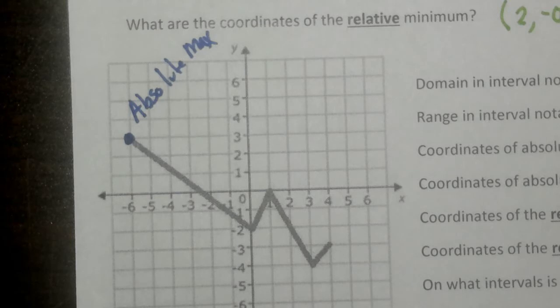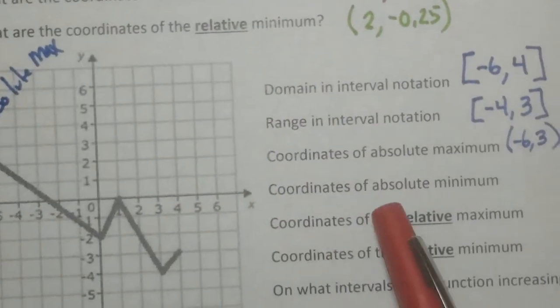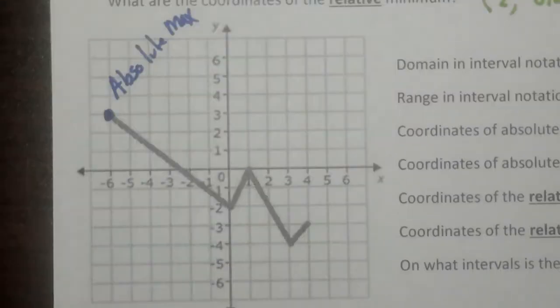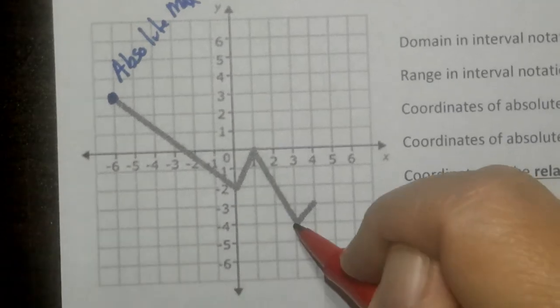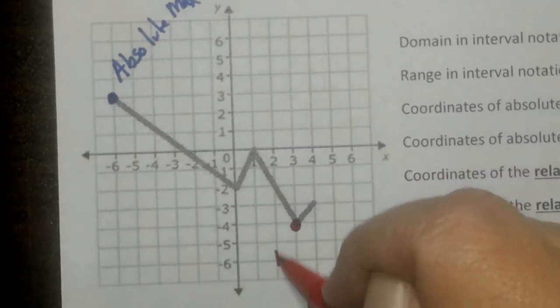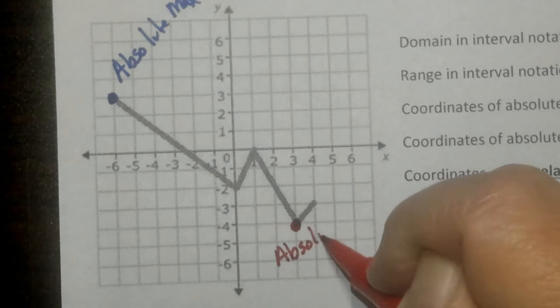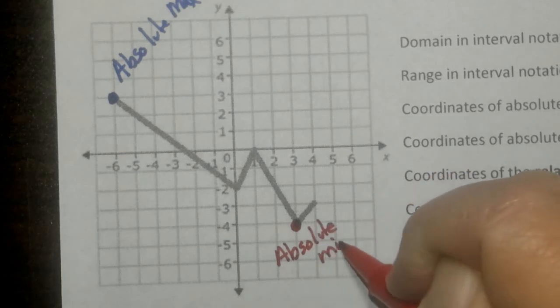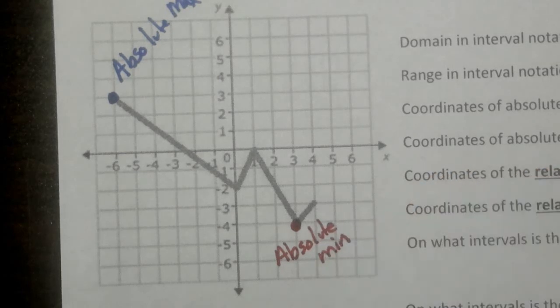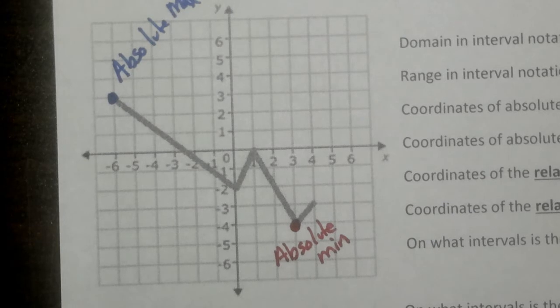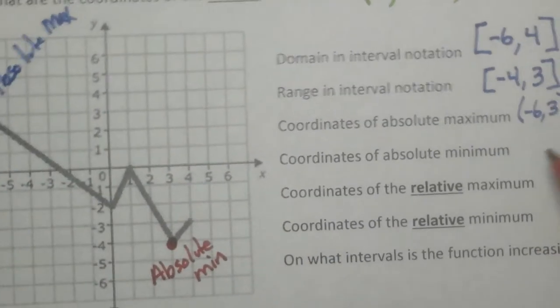All right, next question asks for coordinates of the absolute minimum. So the lowest point on the whole graph, right here. This is your absolute minimum. So we're going to give that ordered pair. That's 3, -4.